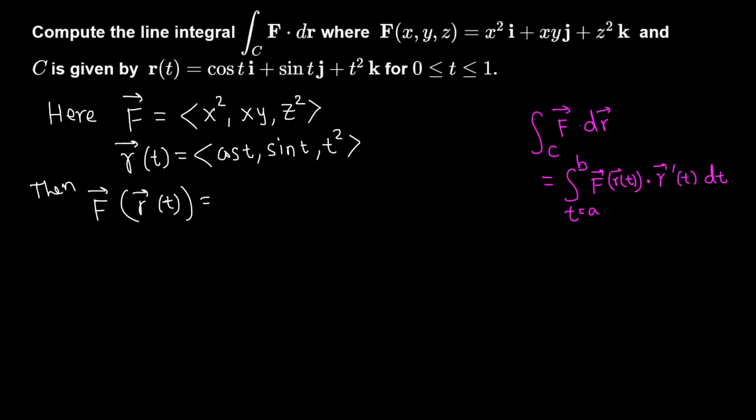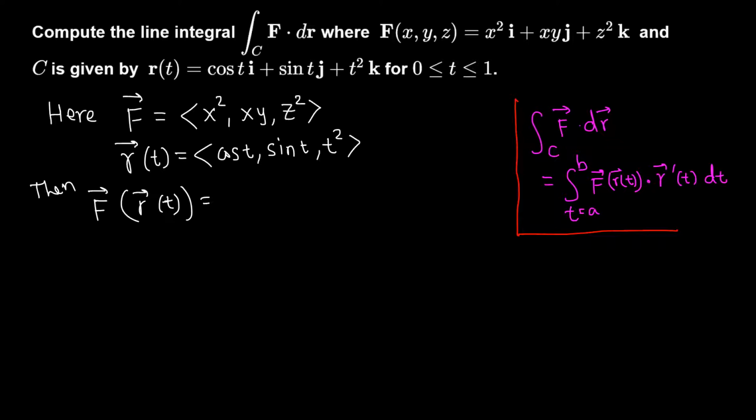And we know that when we compute this line integral, we use this formula: F dot dr is the same as, now we have to write everything in terms of the parameter t, integral from t equals a to b of F written in terms of r(t), a function of t, dot product r prime of t dt.